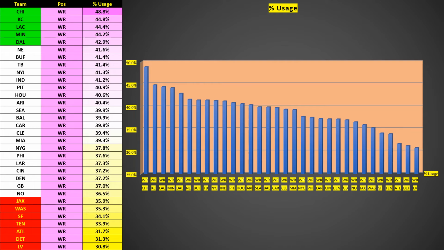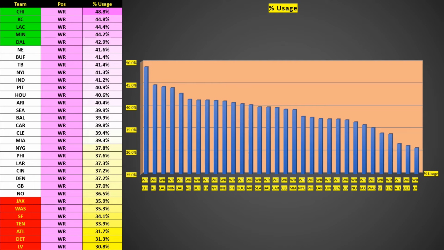Raiders, Detroit, Atlanta, not good at all. Tennessee, not good. San Francisco, Washington, Jacksonville, New Orleans. Look at this. Green Bay. But the scale, if you look at the medians, probably around 39. It's not as dramatic here.